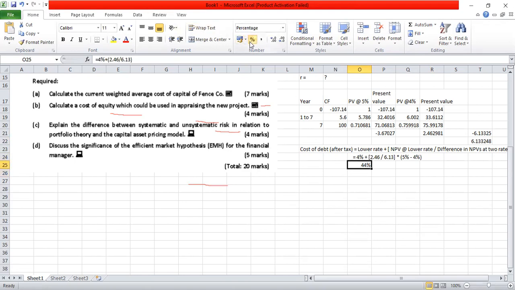Is this correct? 4.44. No, no. We also have to multiply into 1%.